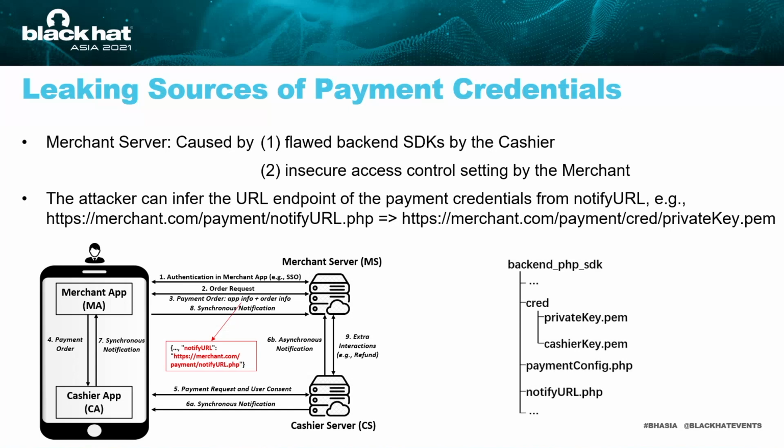As such, the attacker may guess the URL endpoint of the credential file based on the value of notify URL, as well as the SDK structure. Then the attacker can steal the payment credential file directly if the merchant server does not forbid the access to it.